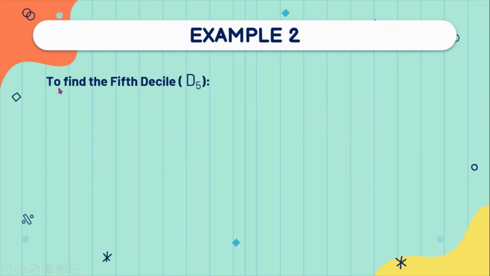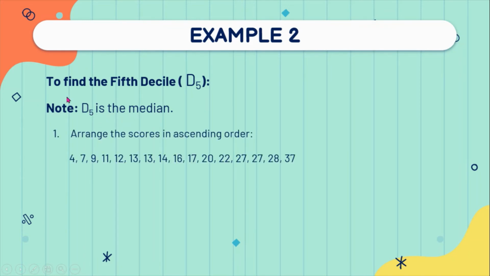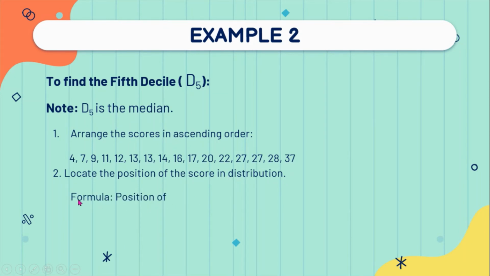So now let's find the fifth decile or the D sub 5. Note that the D5 or the fifth decile is the median. The steps are, first, arrange the scores in ascending order. These scores here are already arranged in ascending order. Next, locate the position of the score in the distribution. Here we will use the formula: the position of the decile is equal to kn over 10 plus 1/2.